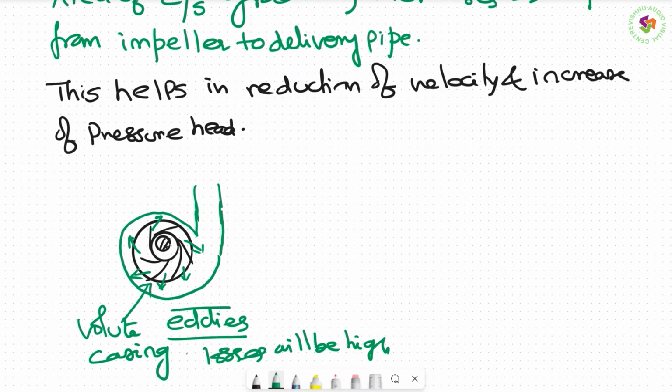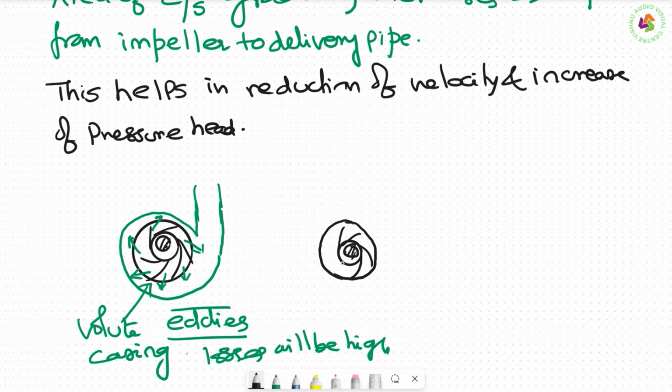In the second one, the vortex casing, we arrange the casing in such a way that there is a circular chamber left over above the runner.